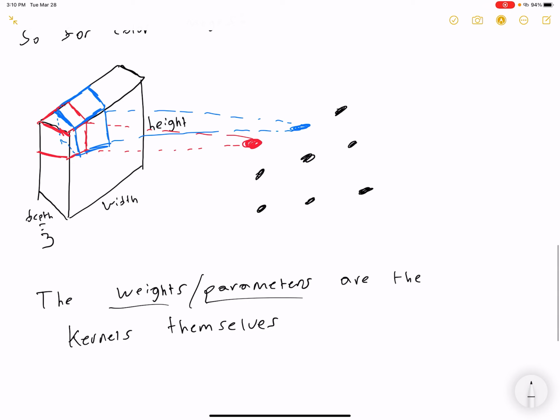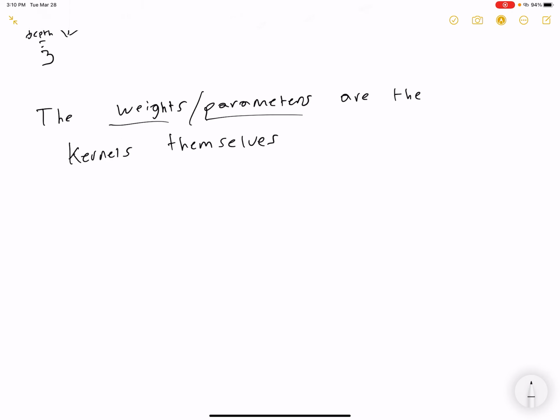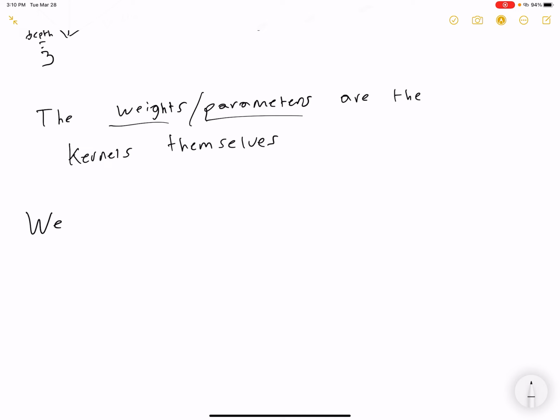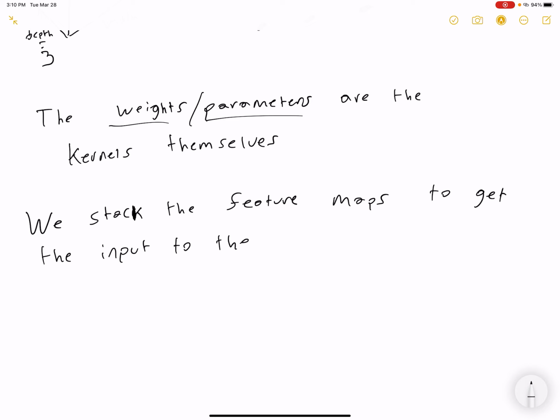And so after we have our activation maps, we can stack them to get our new image that's the start of the next layer. So we then stack the feature maps. And again, I'm using feature and activation map interchangeably because that's what's done. We stack the feature maps to get the input to the next layer.